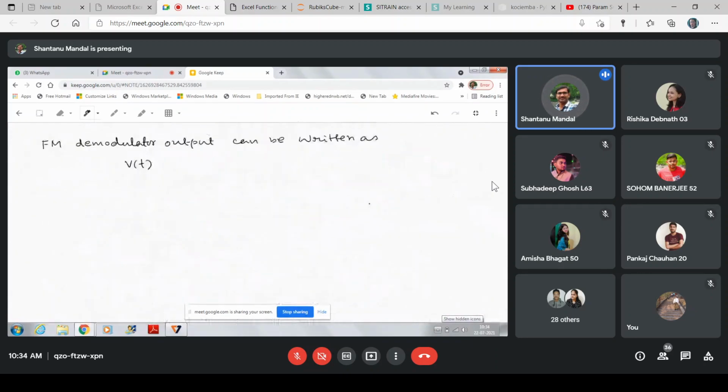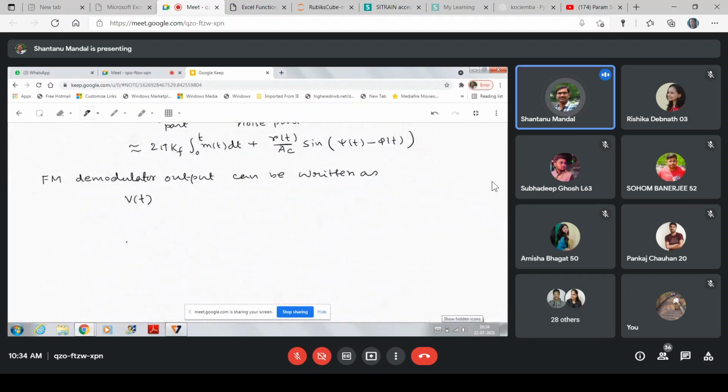V(t) can be written as 1 by 2 pi into d of theta t by dt.